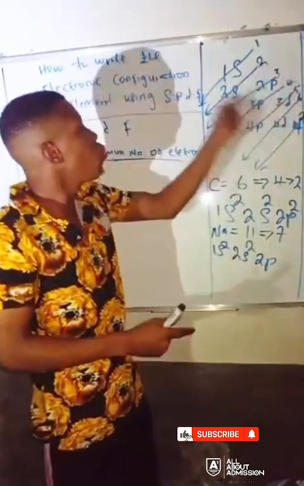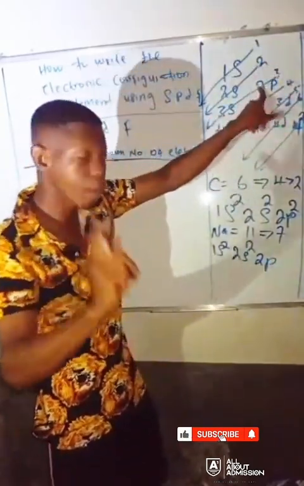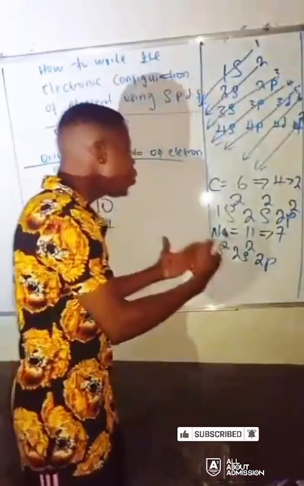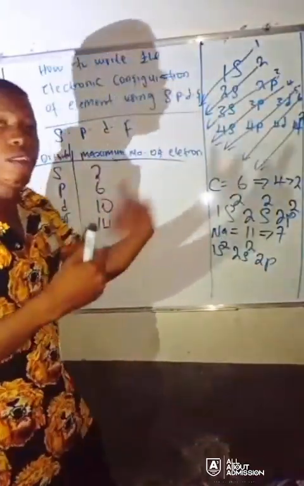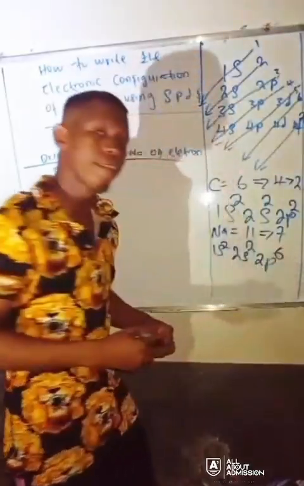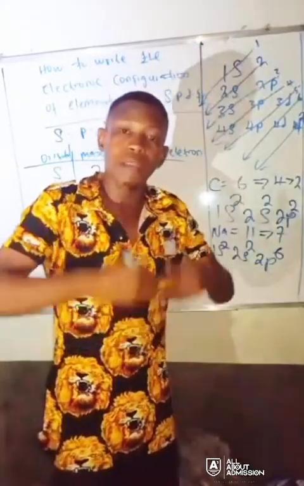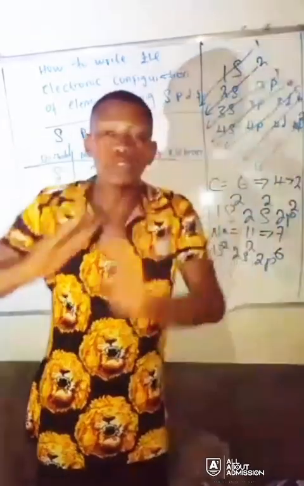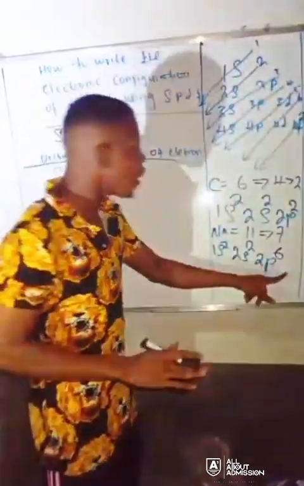Now we have 7 electrons, right? The maximum number of electrons for p orbital is 6, and I still have 7. So what will I do? I will give this 6. You cannot give it 7, because it can contain 1, 2, 3, 4, 5, 6, but it shouldn't exceed 6.